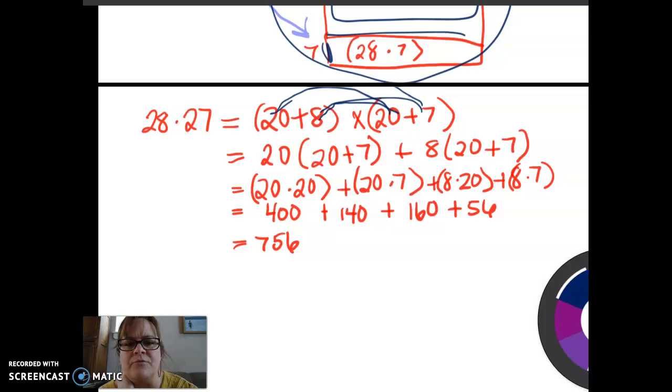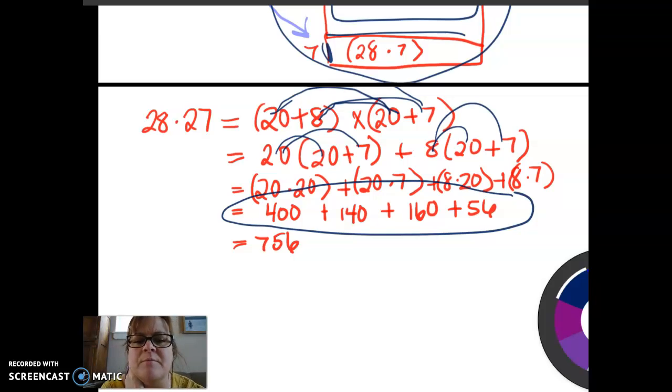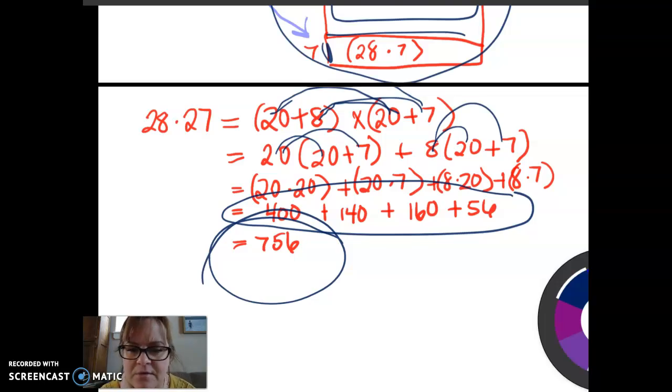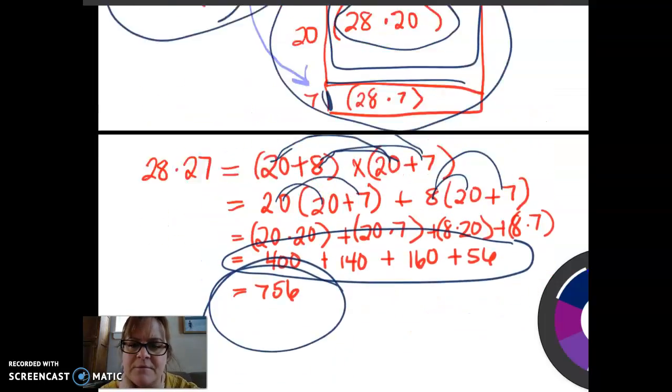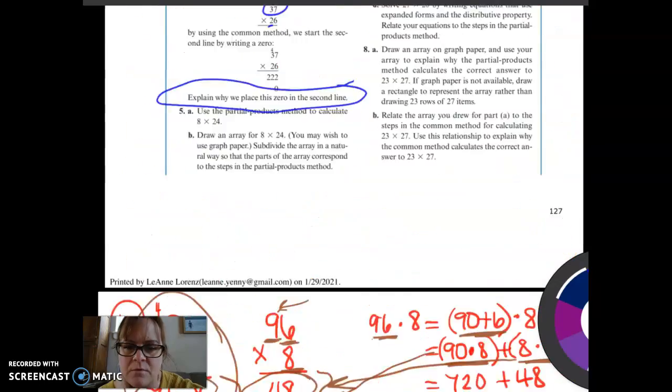When we do so, we have 20 groups of 20 and 20 groups of 7, 8 groups of 20 and 8 groups of 7. So we end up with all of our partial products showing up again in that expanded form, 400 plus 140 plus 160 plus 56, for our grand total still, of course, at 756. All right, hopefully that helps.